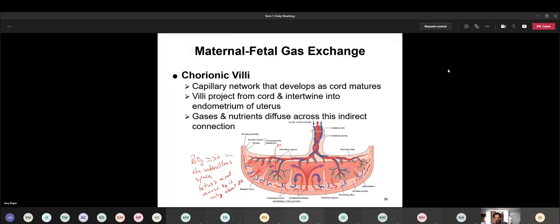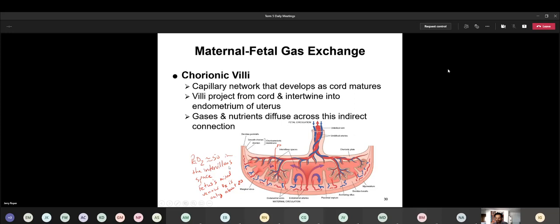There's a gradient of 30. And O2 will go down its diffusion gradient. So it'll leave the intervillous space and diffuse into the umbilical artery. And then eventually it's going to return back to the baby via the umbilical vein. So then we say the baby has about a PO2 of 30.